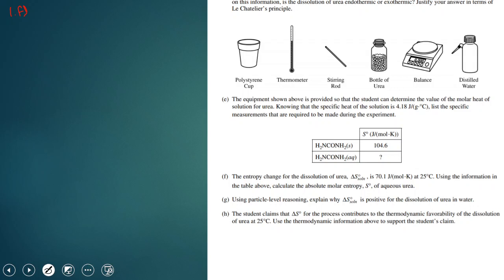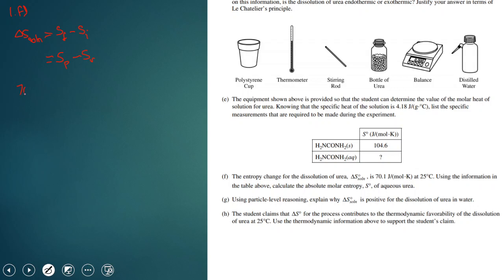Now, just the definition of what a change in entropy is, well, our change in entropy of the solution, sorry, I'll write that better, is equal to, well, what is delta? Delta is change, so it's S final minus S initial. But in the context of a chemical reaction, it's the S of products minus the S of reactants.